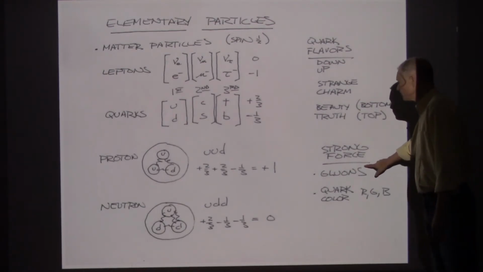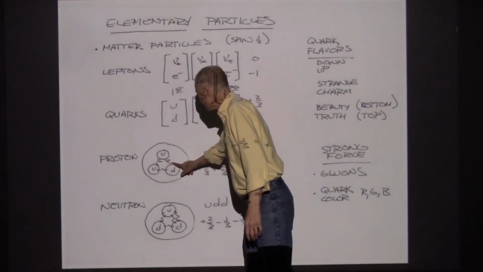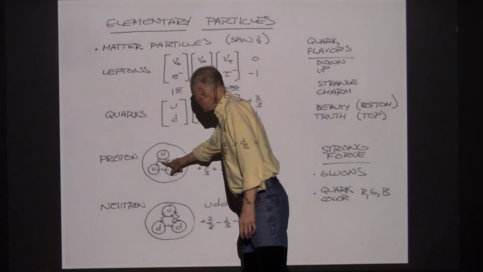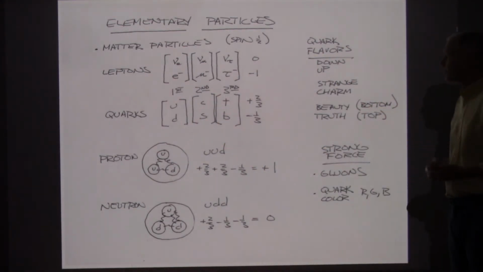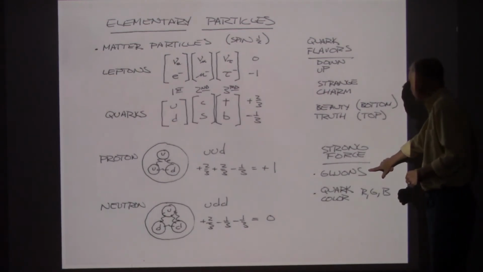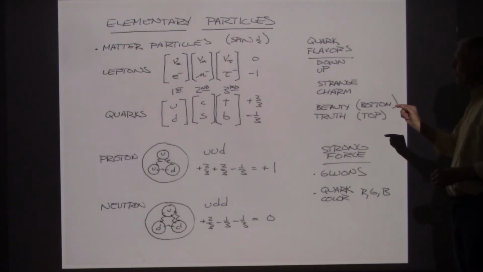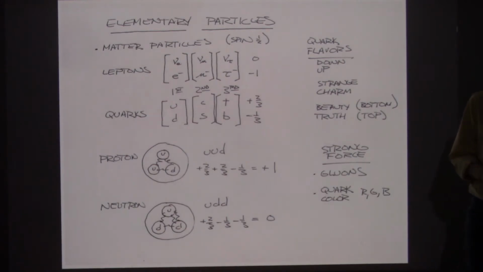The gluons here are represented by these curly, springy particles. The gluons are constantly being exchanged between the quarks within the protons and the neutrons. And the strong force is so strong that only under really high energy experimental conditions do we actually observe the properties of the individual quarks.